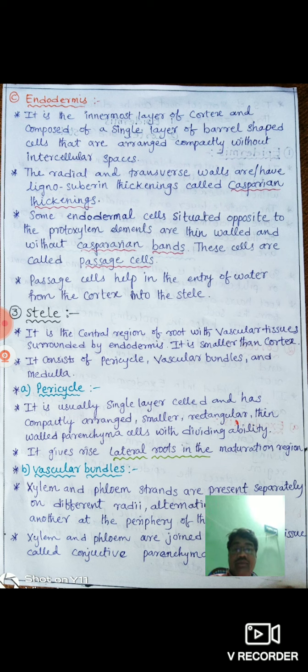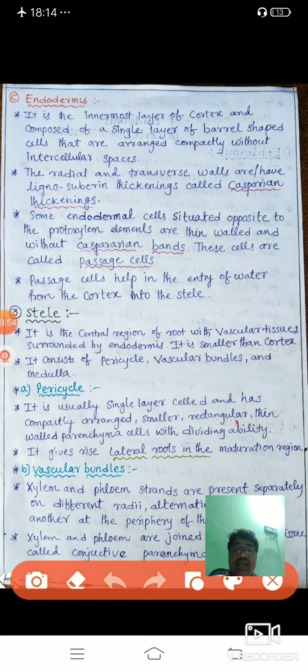It is composed of a single layer of barrel-shaped cells arranged compactly without intracellular spaces. The radial walls and transverse walls have lignosuberin thickenings.